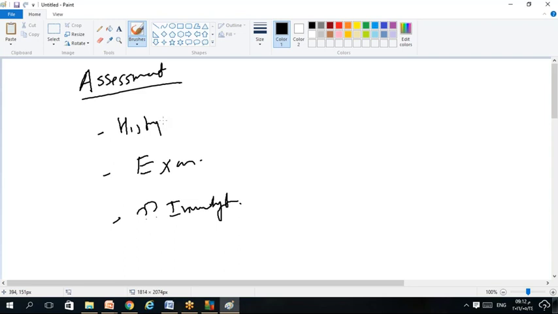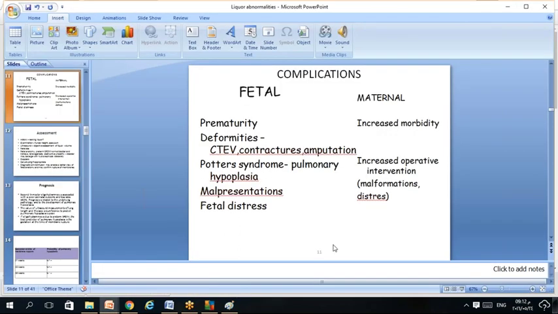We can also find a case of small for gestational age, where the fundal level is below average, and this can trigger a scan. We can find true oligohydramnios and search for some anomalies, or we can find it during the anomaly scan from the start.